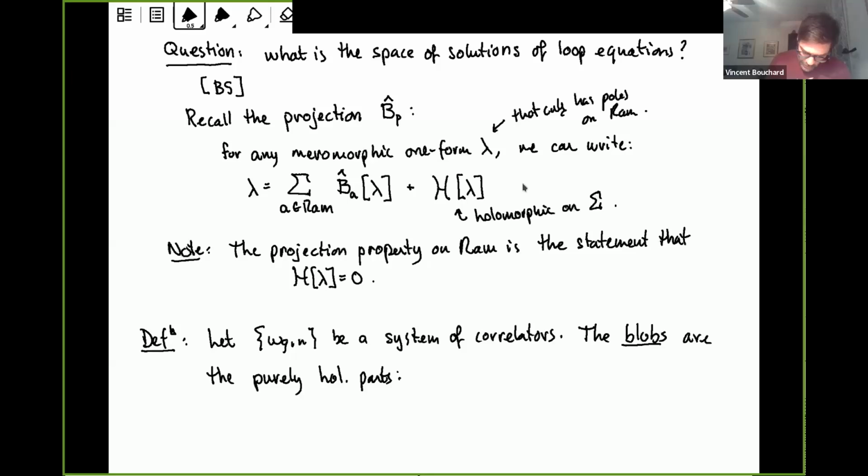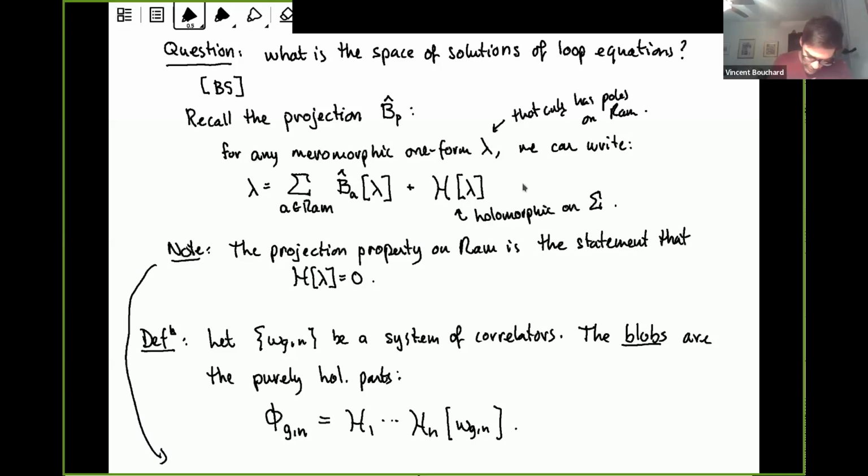So in other words, let's call them phi g,n. These would be: you project in each variable, and then you keep the holomorphic part. This is purely holomorphic in all variables. Okay, and then the projection property, so I could write it here, but it's the statement I just wrote.